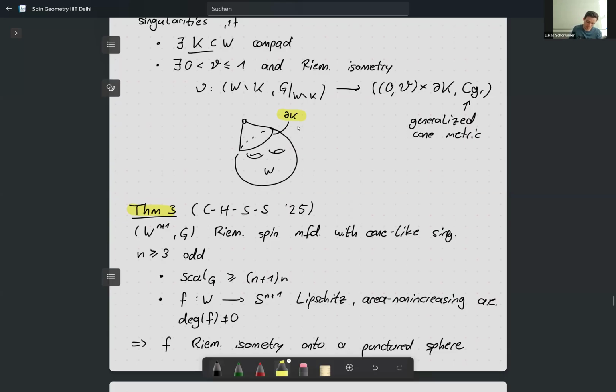I should say, not every such metric is a cone metric. It can be more flexible near the singular points. Okay, okay.